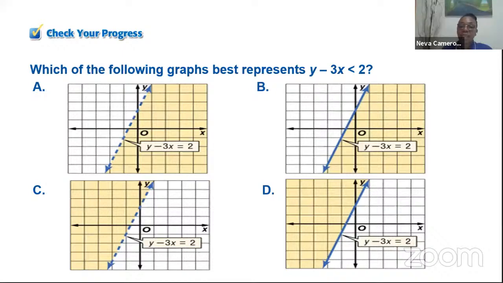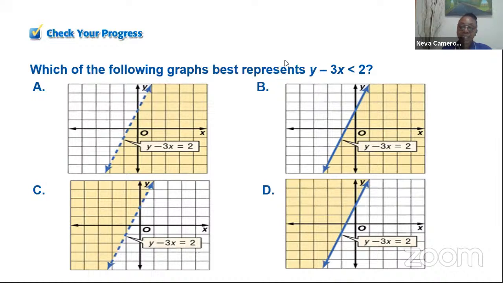So is it A or is it B? All right, we saw them reason it out and come to consensus on the representation of y take 3x less than 2. We still see Franklin squeezing in B, but remember, Franklin, that there is no equal to this, it's only less than.